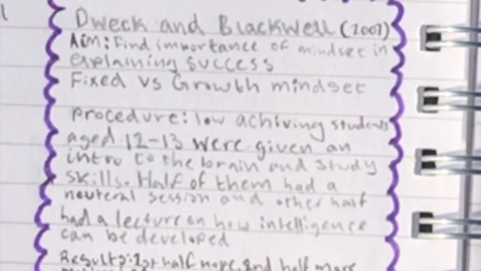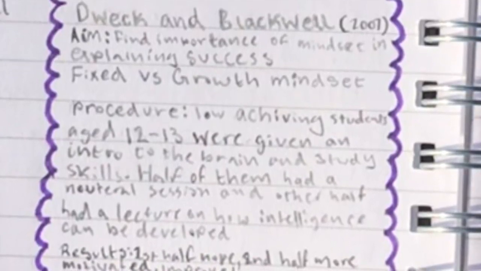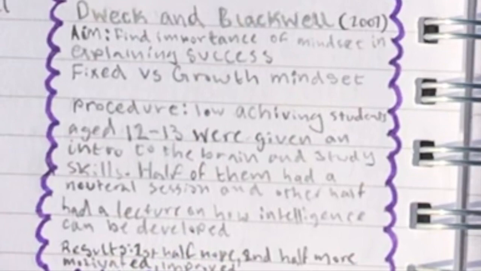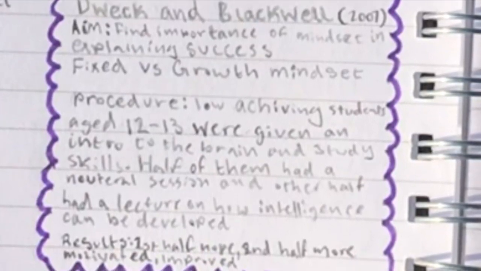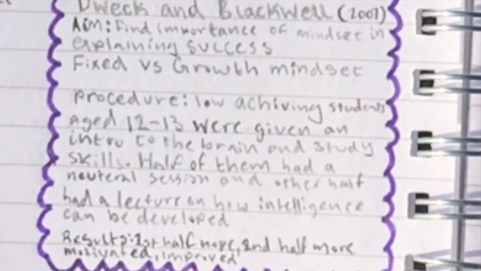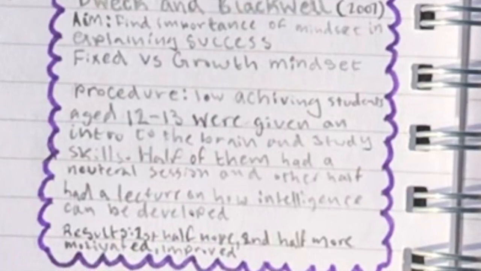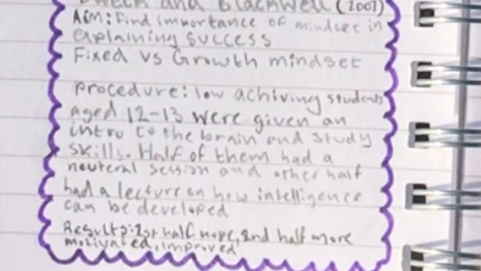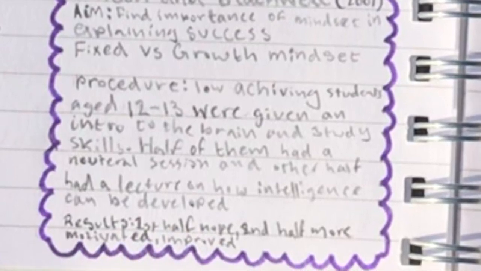So the procedure was that low achieving students aged 12 to 13 were given an introduction to the brain and study skills. Half of them had a neutral session, and the other half had a lecture on how intelligence can be developed, just like how you exercise to build your muscles, for instance.